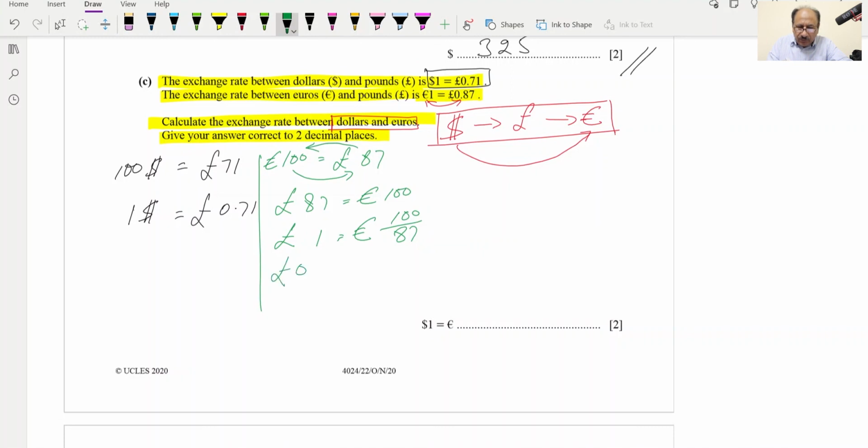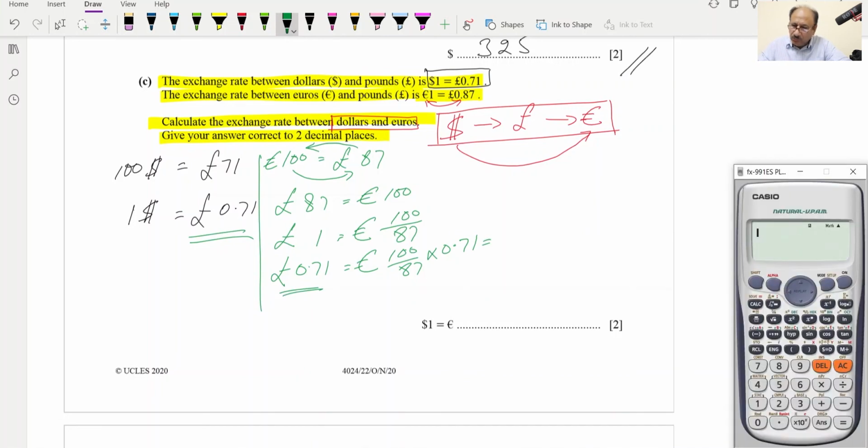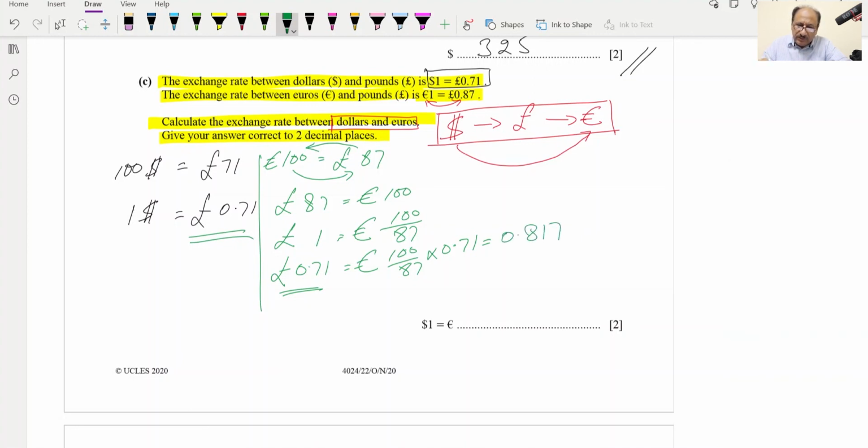So 0.71 pounds is equal to 100 over 87 multiplied by 0.71, and this is equal to 0.816.